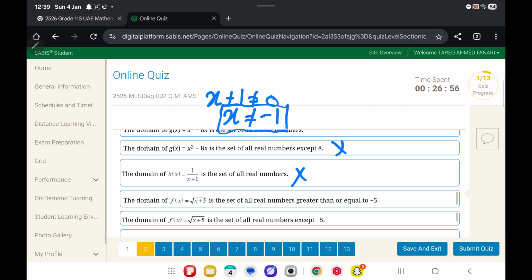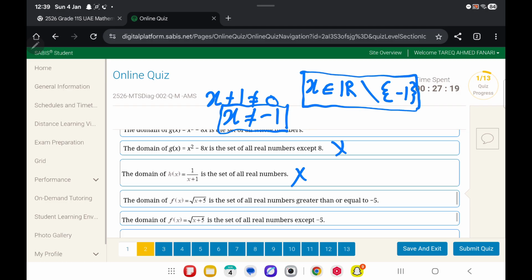This is the restriction. x can be all real numbers other than negative 1. This here is the actual domain, which says x belongs to all real numbers except negative 1. But here, the domain of h of x is the set of all real numbers. Where does it say except negative 1?